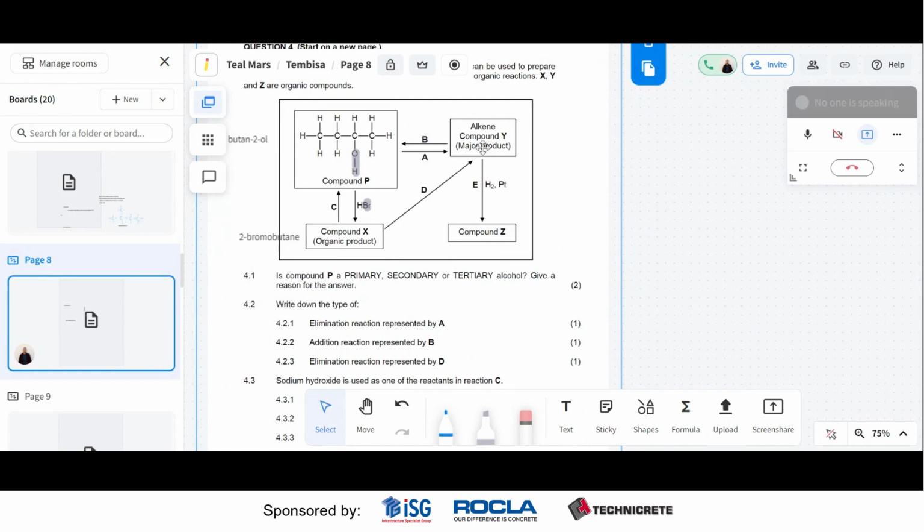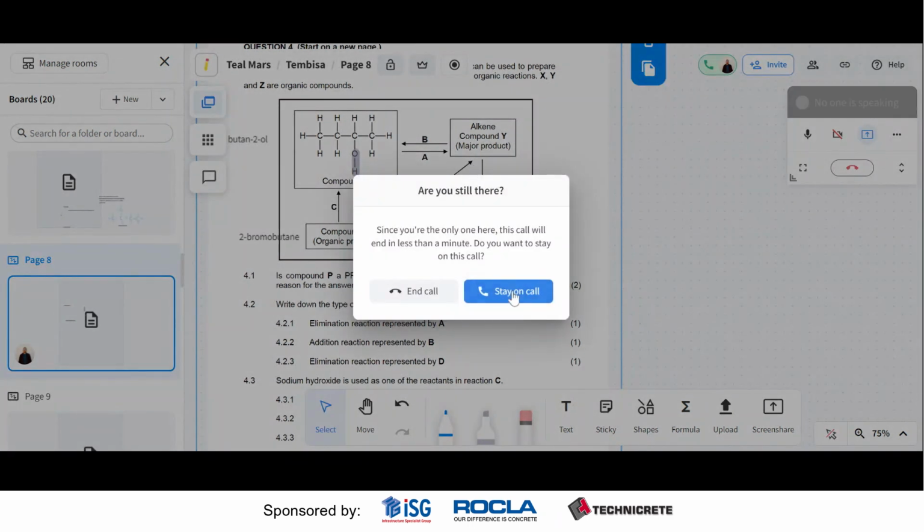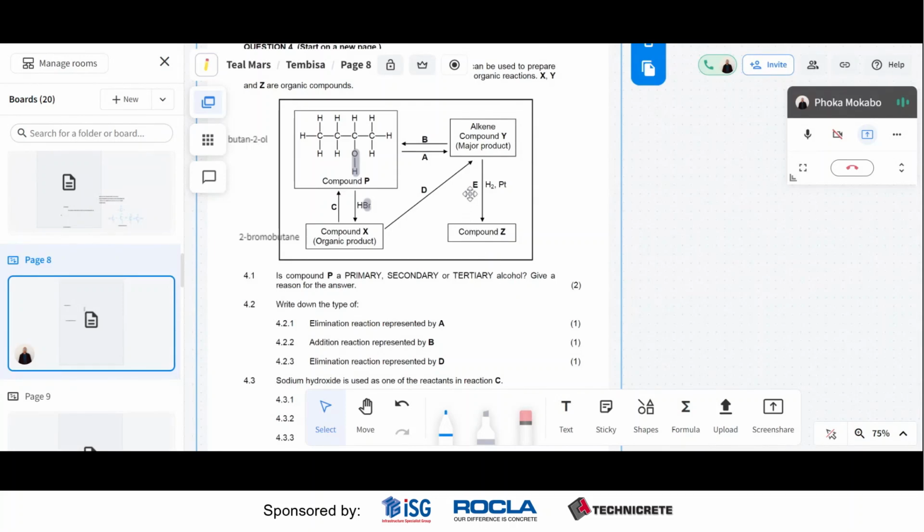Now, compound Y is an alkene as the result of probably an elimination reaction, right? That elimination reaction would cause us to lose the OH entirely. But because a double bond is required, we would also lose a hydrogen.